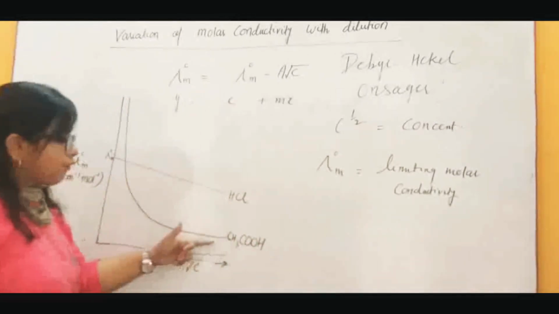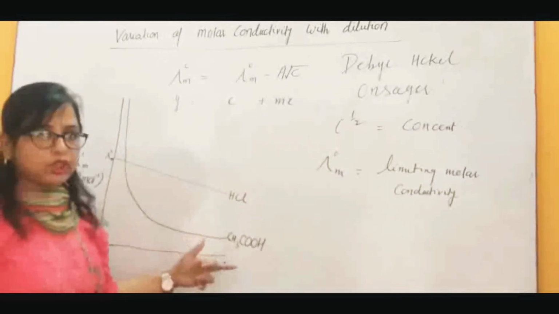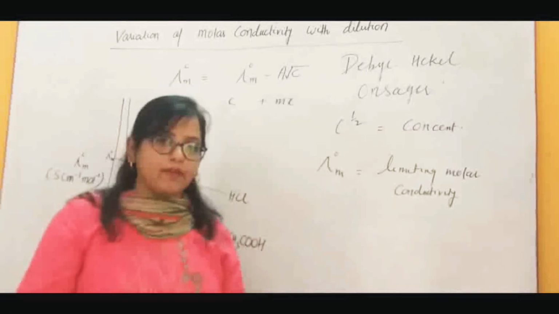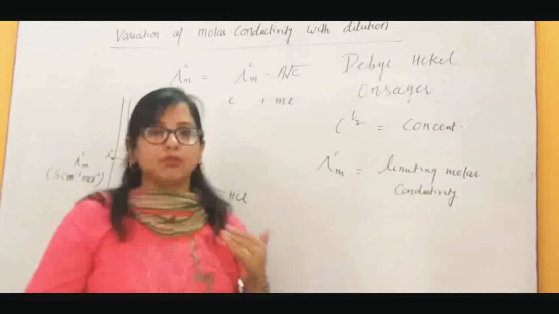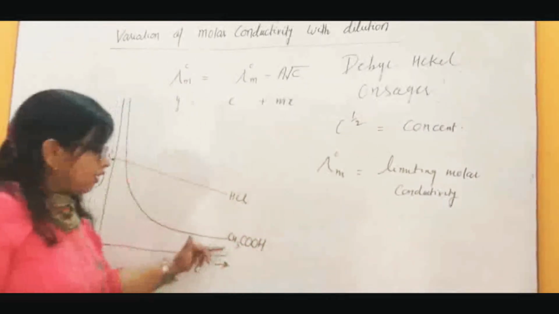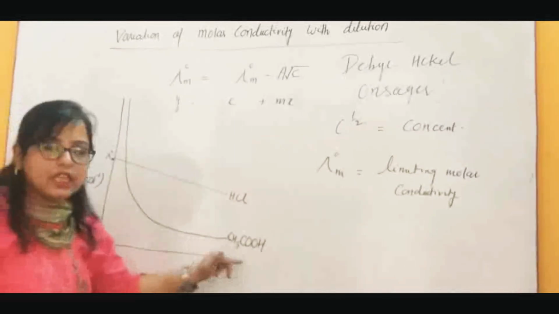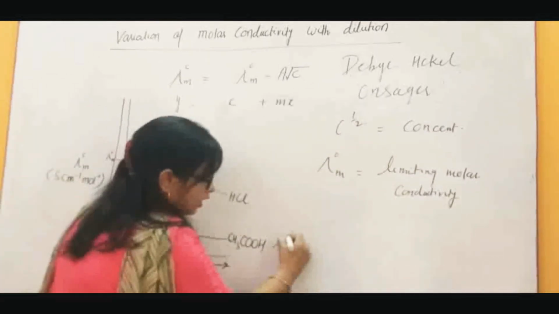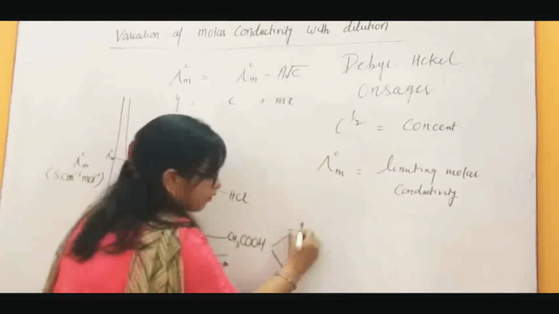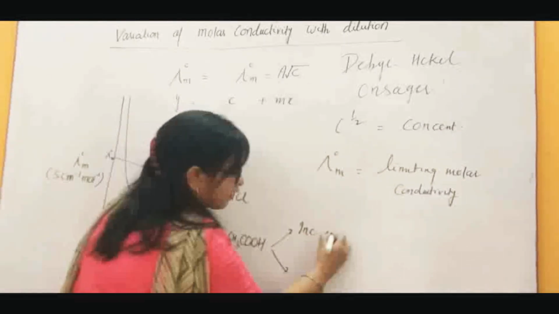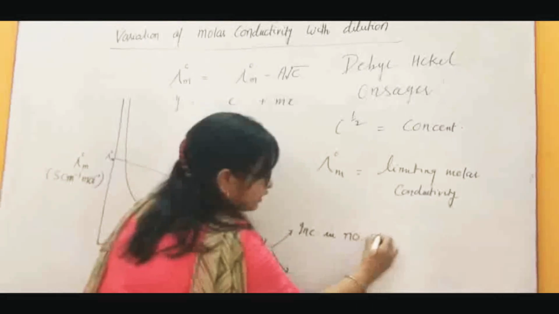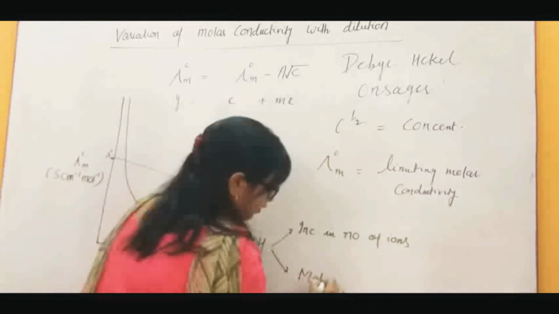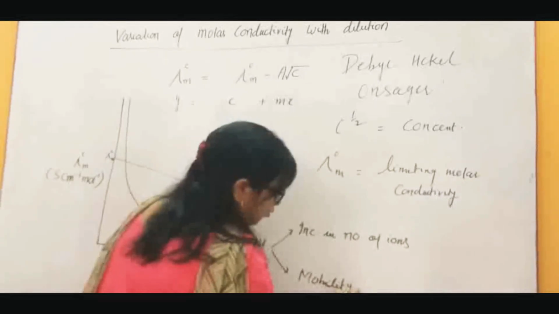But in the case of acetic acid, with dilution, first it increases its number of ions, and second it also increases its mobility. So two things are related to a weak electrolyte: an increase in the number of ions, and second, mobility.